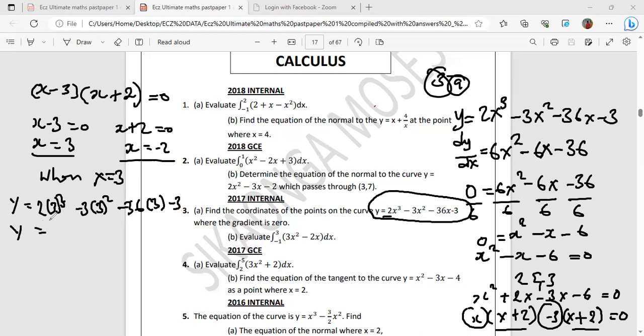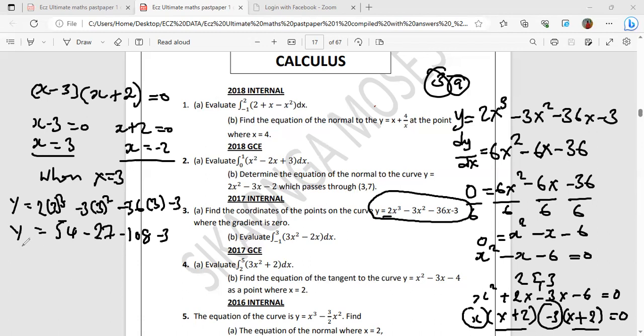So this is going to be 54 minus 27 minus 108 minus 3.